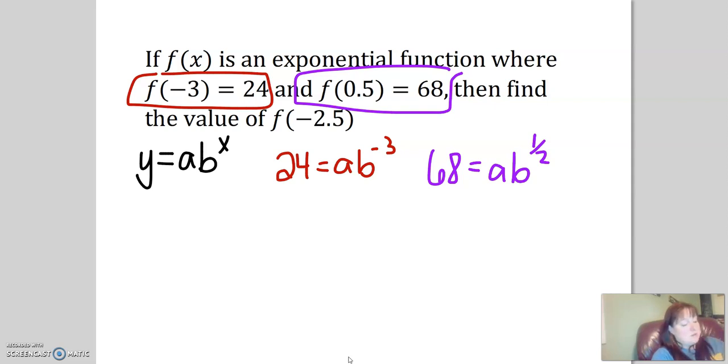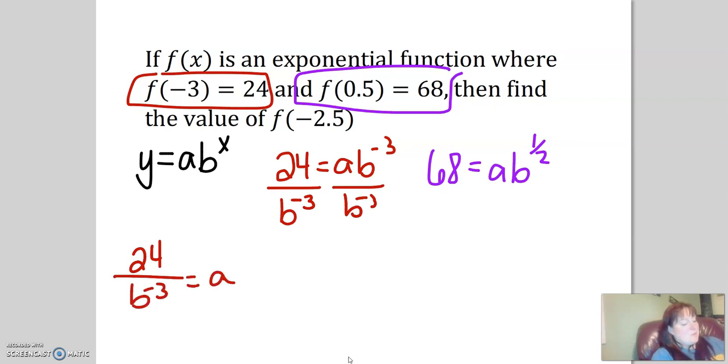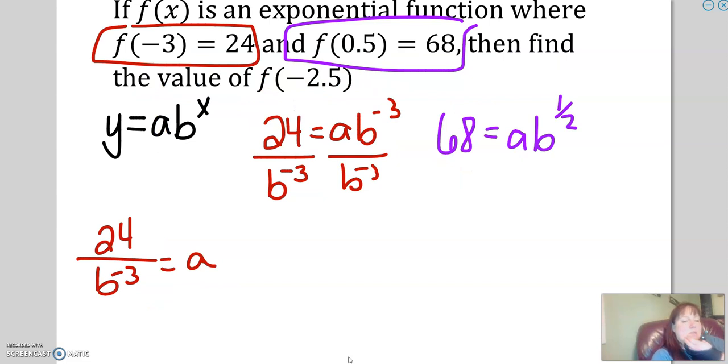It doesn't really matter which one you use, but let's use the red one because it's slightly simpler when we solve for a. So we're going to divide both sides by b to the -3. And so I have 24 over b to the -3 equals a, but what is that b to the -3?